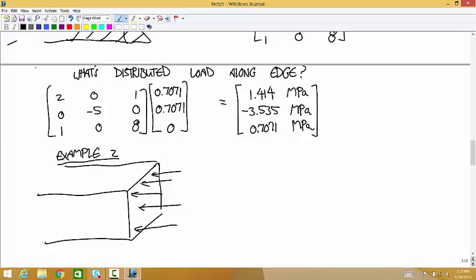And there's a total force, distributed uniformly, of 25,000 newtons acting. And let's say that this is 10 centimeters, 0.1 meters, and this is 0.1 meters.